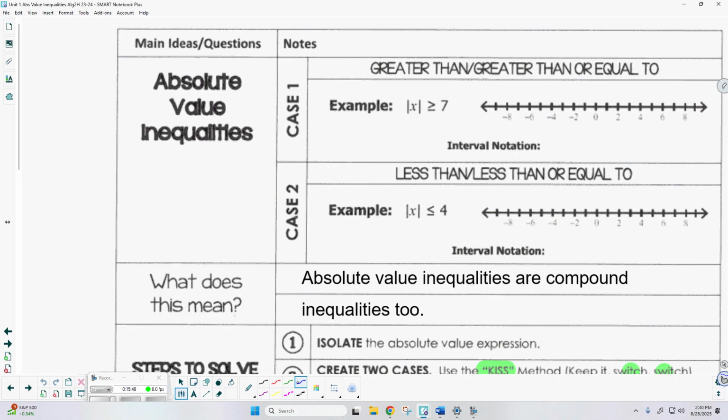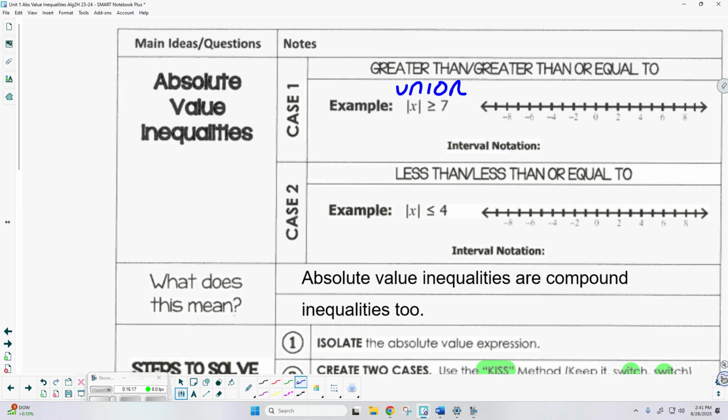So let's look at case one. We have the absolute value of x is greater than or equal to 7. Well, there's nothing outside those bars, and it's greater than. So is this going to be a union or an intersection? You got a 50-50 shot. It's a union. There we go. Ooh, look at Carlos Cook.